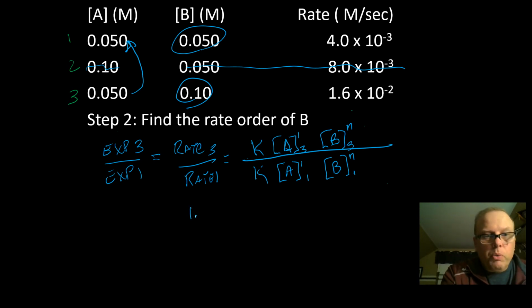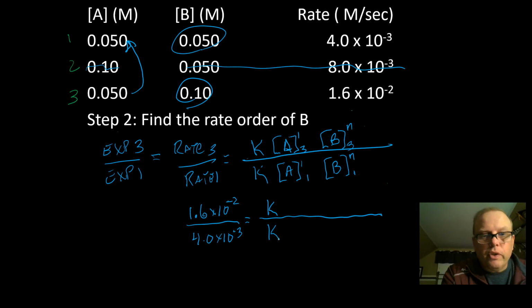All right, now let's just fill in our values. So 1.6 times 10 to the negative second over 4.0 times 10 to the negative third is equal to K over K. Doesn't matter, they're the same for all three experiments.